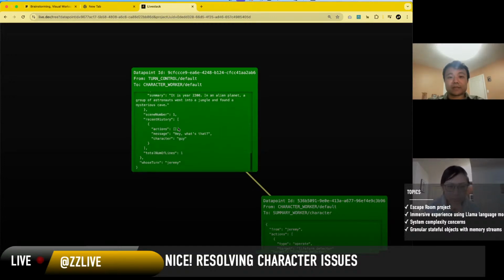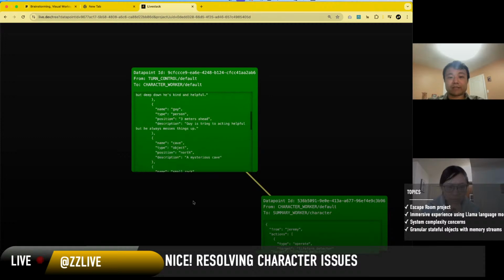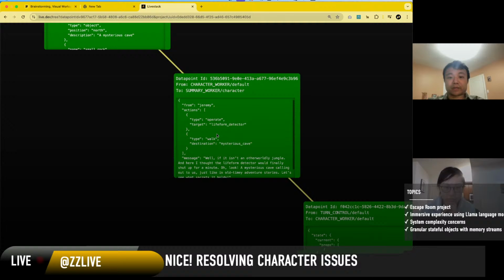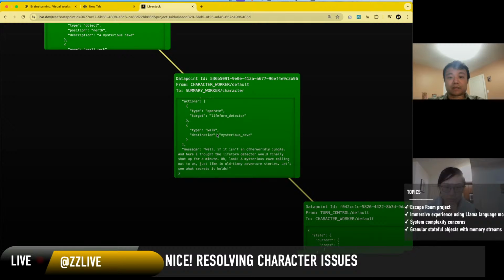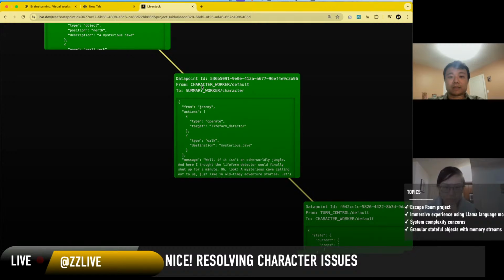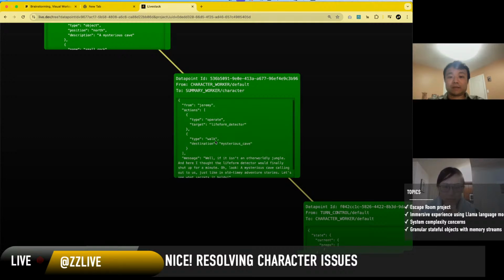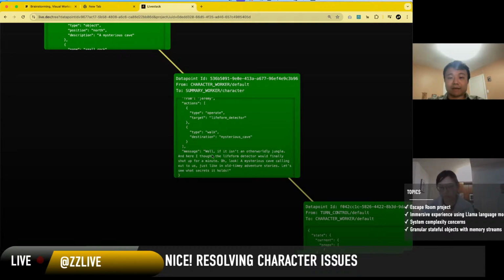Okay, this is the starting state. This is what we give it. Now it goes into the summary worker. Oh, this is from the character worker. Yeah, this is what the character worker generated. So what it did is operate a life form detector and walk to the mysterious cave.